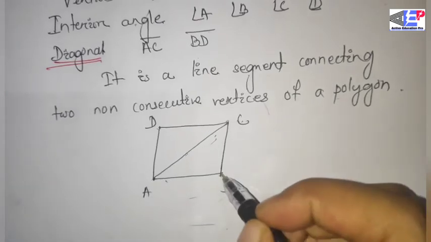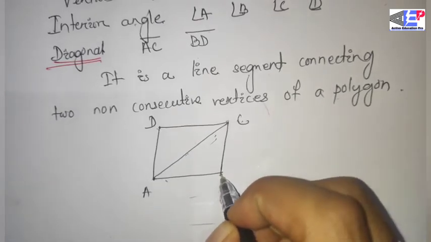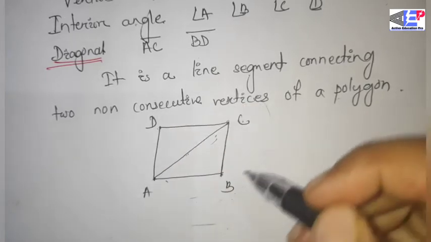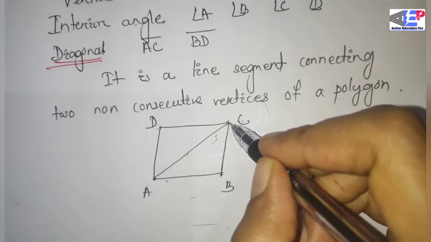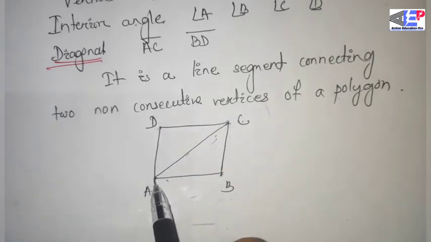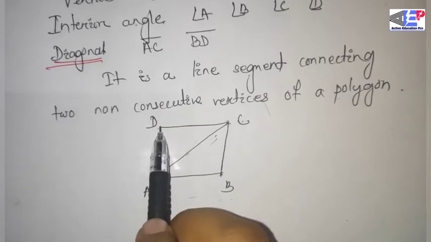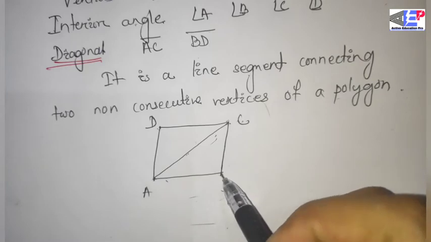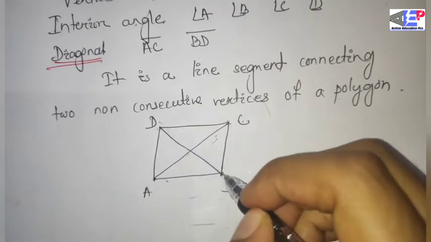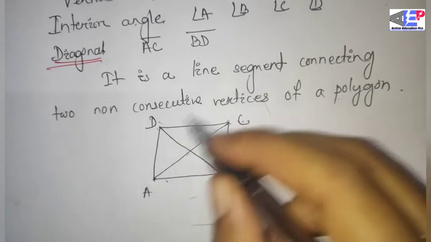Similarly, the next vertex is B. If you move anticlockwise, C is the consecutive vertex, and if you move clockwise, A is the consecutive vertex. So the only non-consecutive vertex of B is D. If you join these two vertices, the line segment formed is BD, the other diagonal of this quadrilateral.